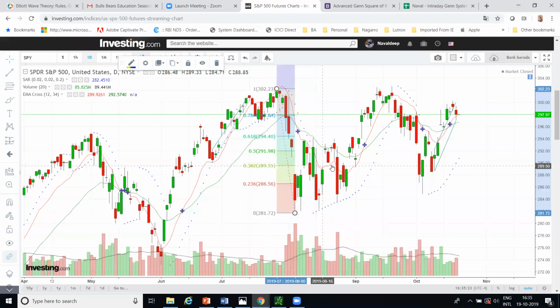So here it acted as a resistance, but once this is passed, it acted as a support. The next target was 61.8. Initially you see here, it tried to come here but was not able to breach. As soon as it breached, it was a gap up because it opened here. There was a gap and the gap was filled because the low was made. So it gave a confirmation that yes, now the gap is filled.